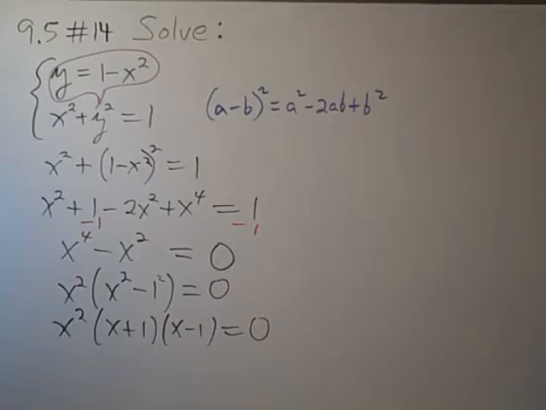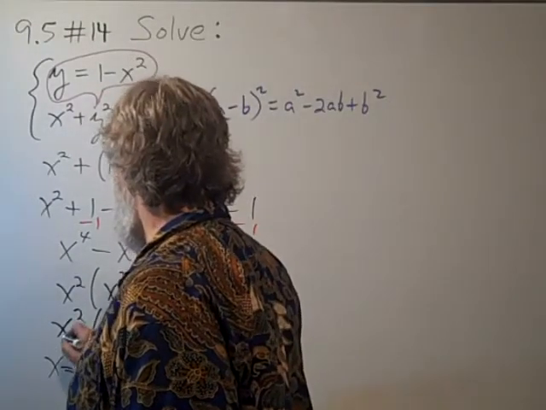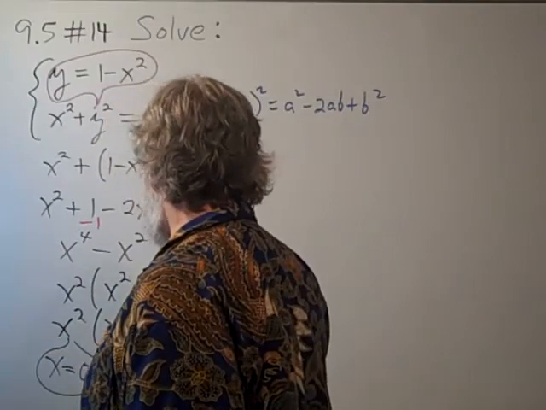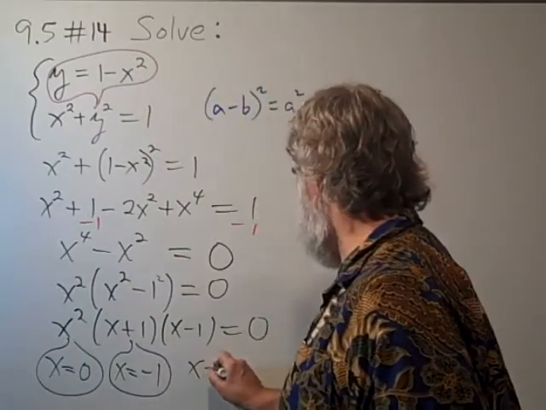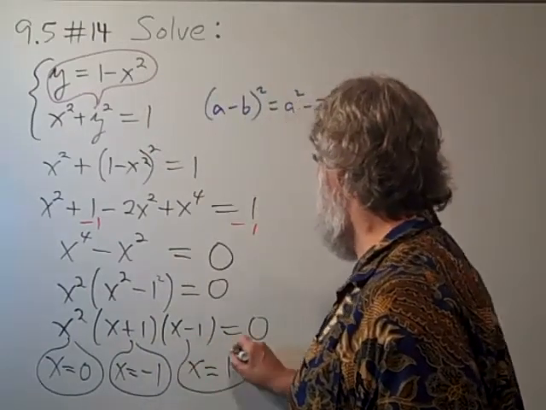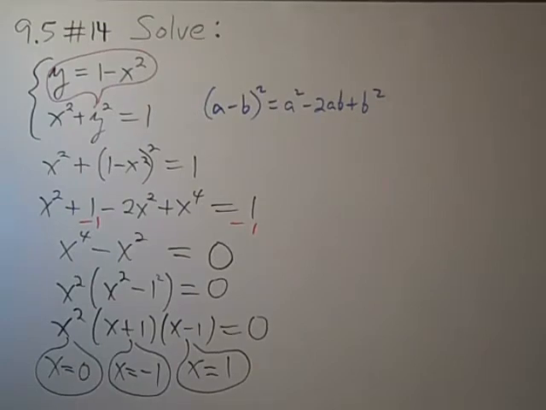And so we have three solutions to this equation. X equals 0, or x equals negative 1, or x equals positive 1. So we have three solutions for x for this equation.